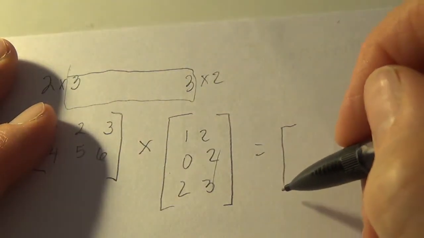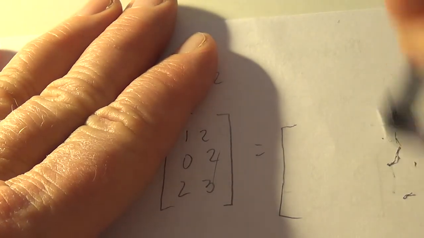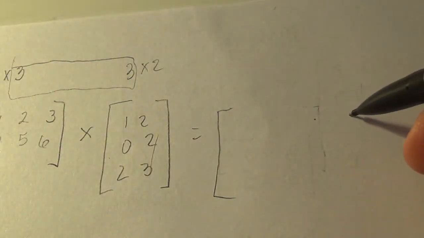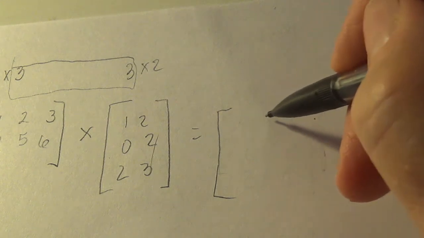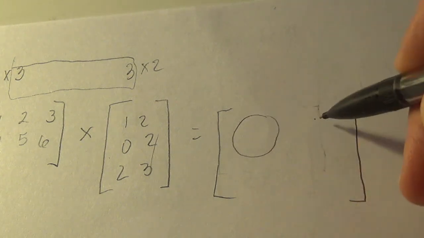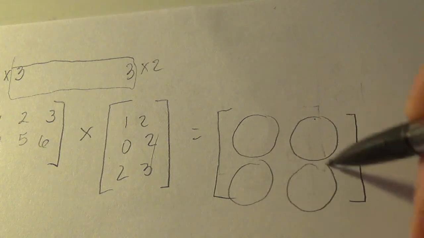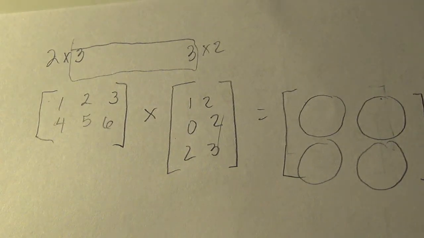So let me move this over. Alright, so I'm going to result in a 2 by 2. So there's going to be a number here, here, here, and here.